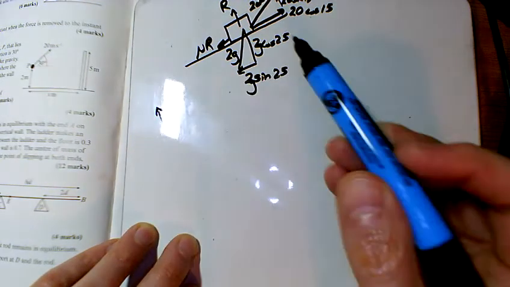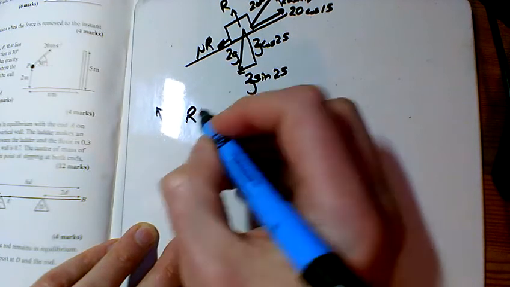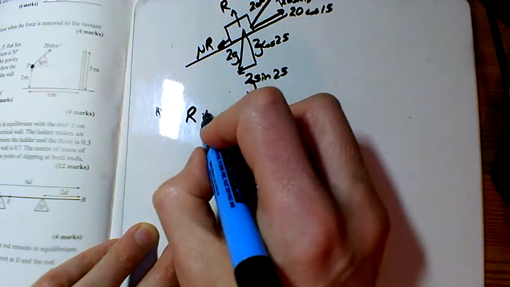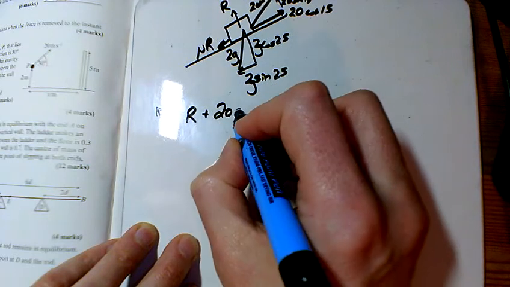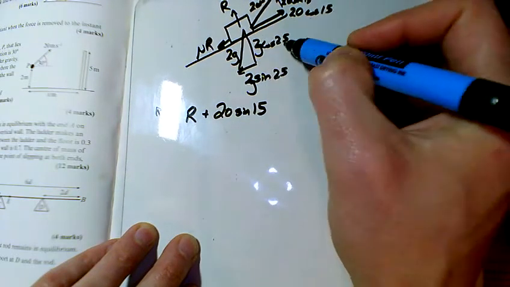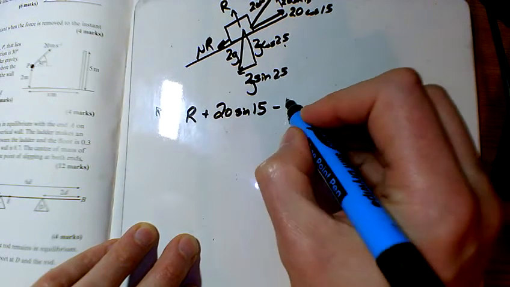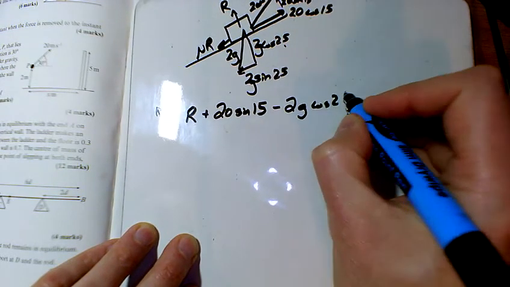So I'm going to look at the forces going away from the plane. There's R there, and we've also got that one we just put on there, that 20 sine 15, coming away from the plane. In the opposite direction, we've got that component of the weight, so 2g cos 25.